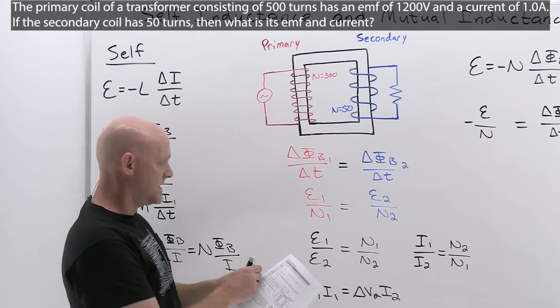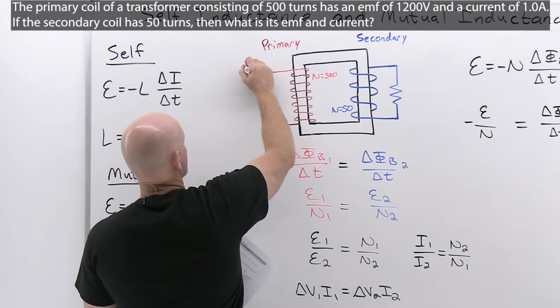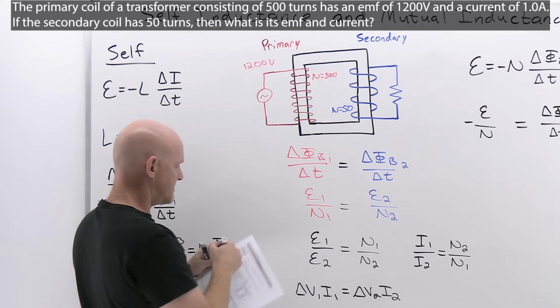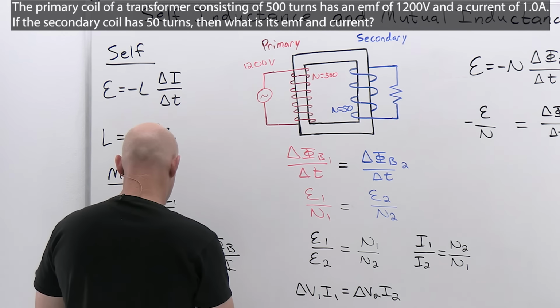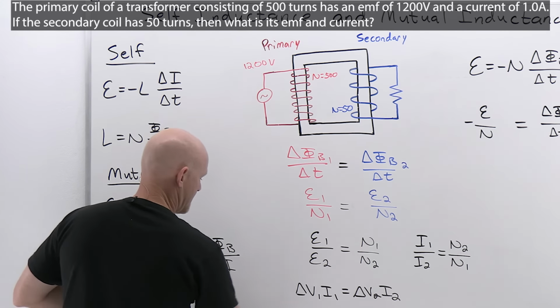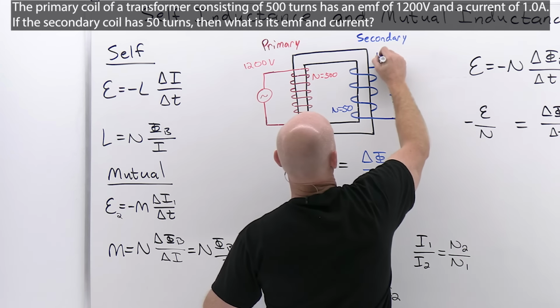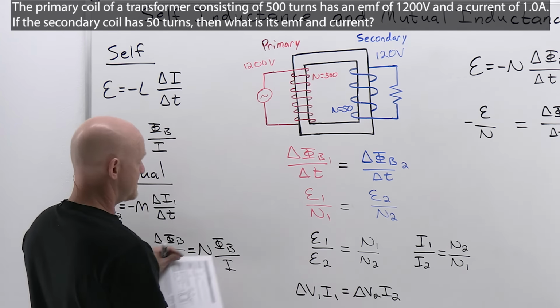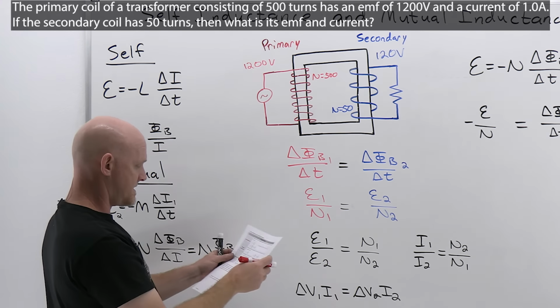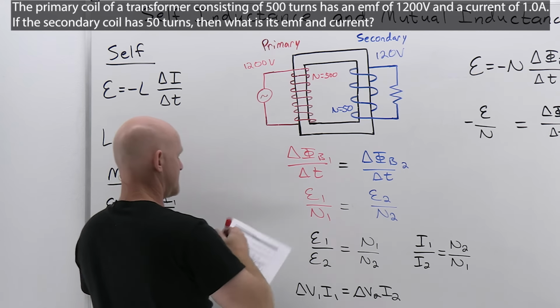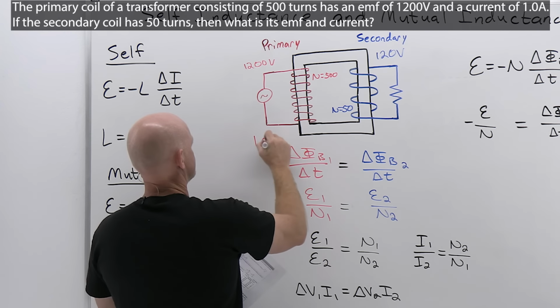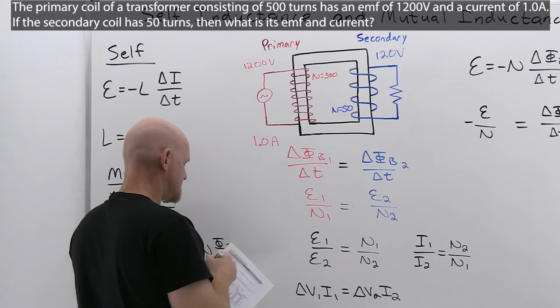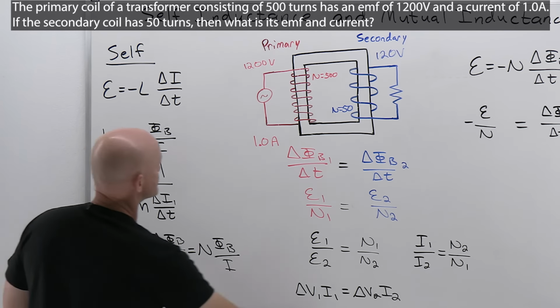So if we're going from 1200 volts on this side, a 10-fold reduction would take us down to 120 volts on the other side. Similarly with the currents, if we've got a current on this side initially of 1.0 amps, in this case the reduction in the number of turns leads to an increase in the current.